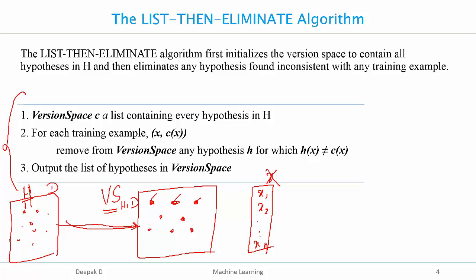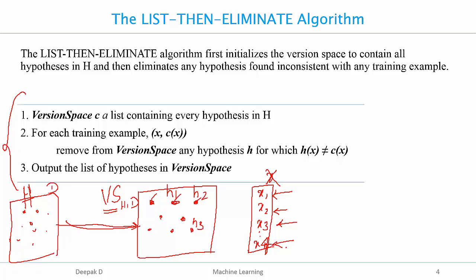Assume that these are your H1, H2 and H3. How many instances are there? Assume you have 4 instances: X1, X2, X3 and X4.